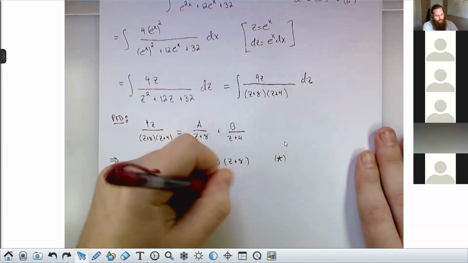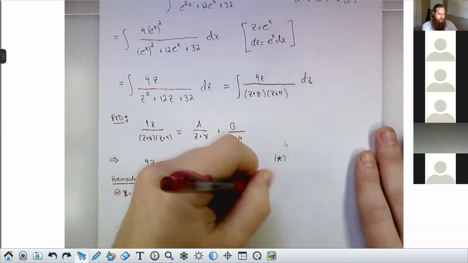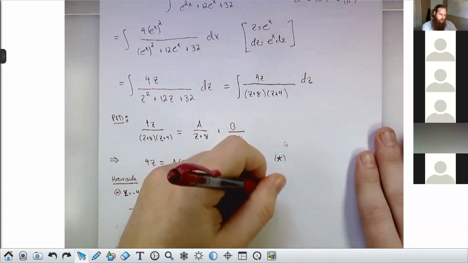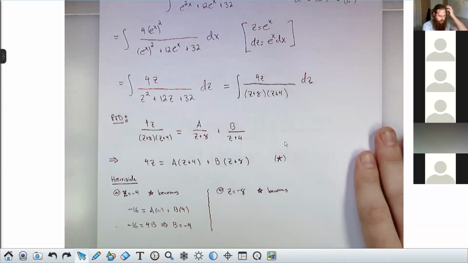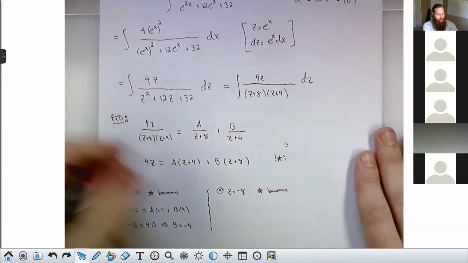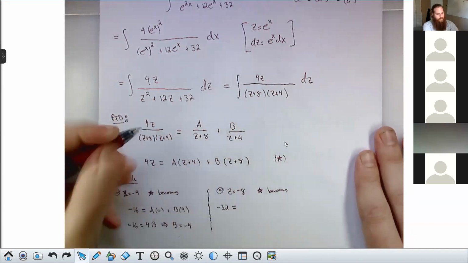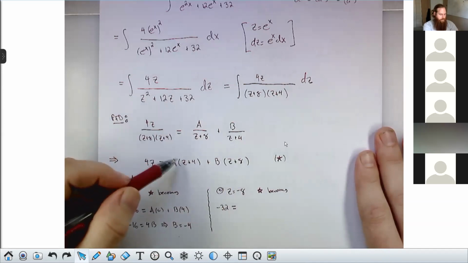If I evaluate star at z equals -8, then this piece will be 0. Over here, I'd have 4 times -8 is -32. And over here, I'll have a times -8 plus 4 is -4.